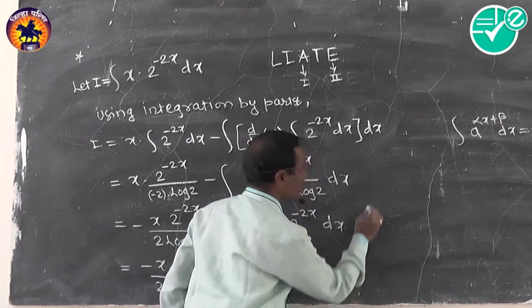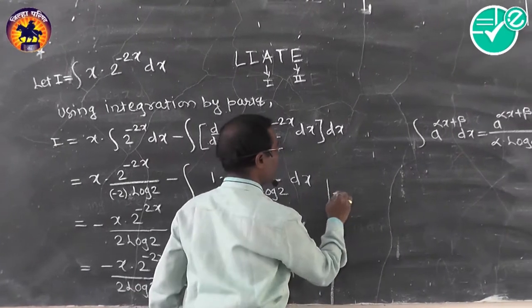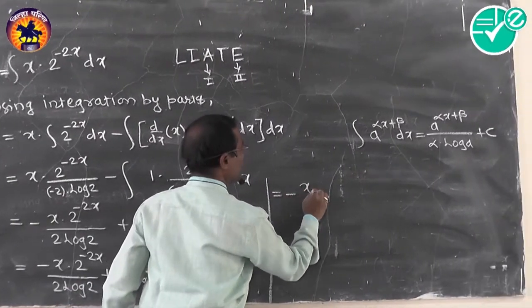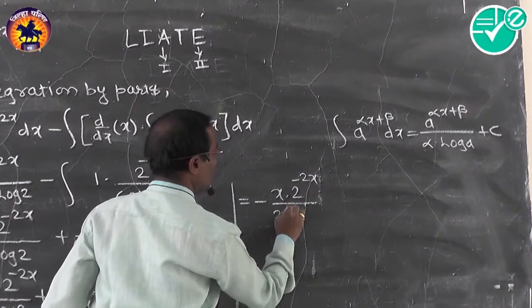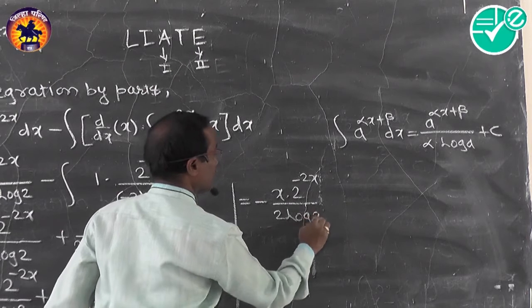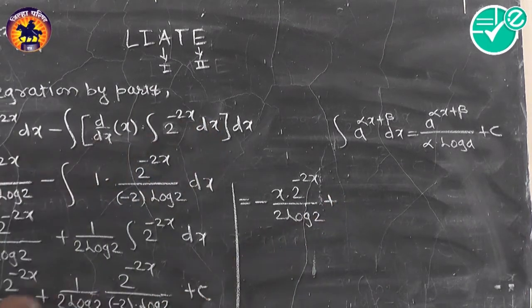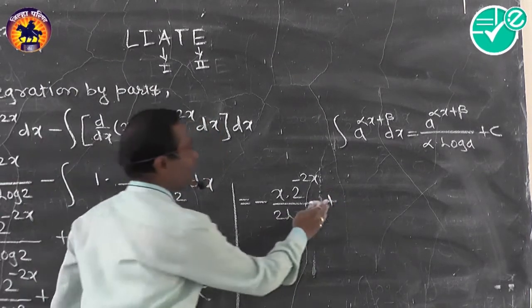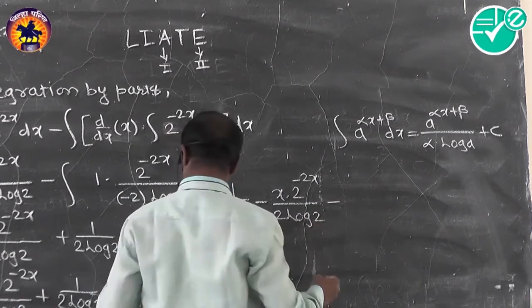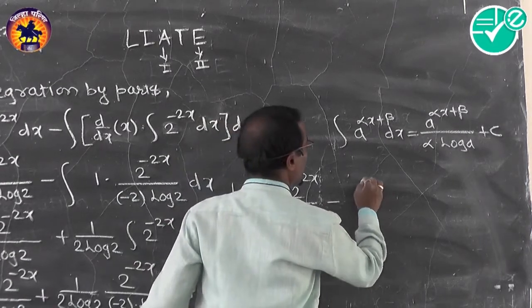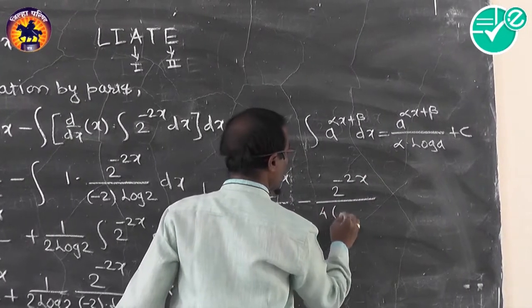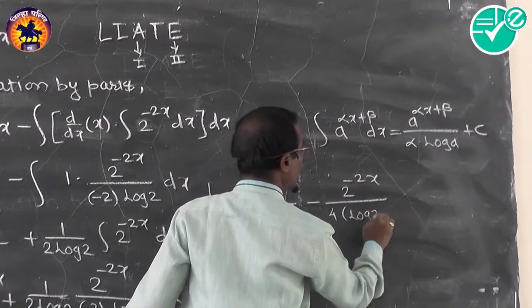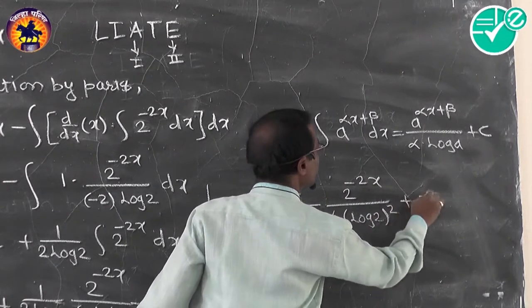This can also be written as minus x into 2 to the power minus 2x upon 2 log 2, plus and minus become minus. So we get 2 to the power minus 2x divided by 4 into log 2 whole square plus c.